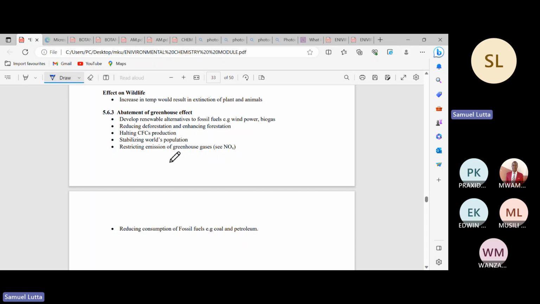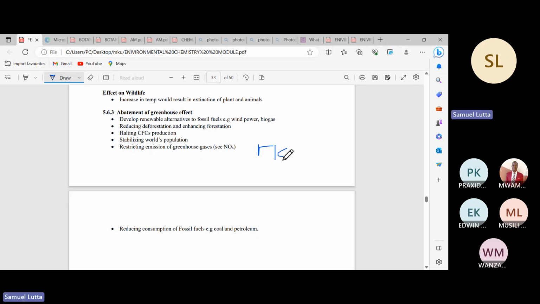And then we try to control emissions of NOx. Remember, we talked about catalytic conversion, whereby instead of generating NOx after combustion, you can convert the NOx.